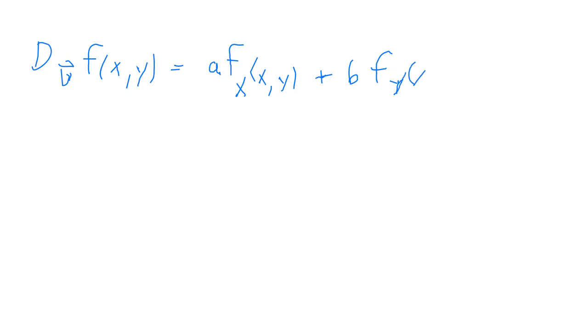I'll note here that the vector u is a unit vector and it has components a and b.